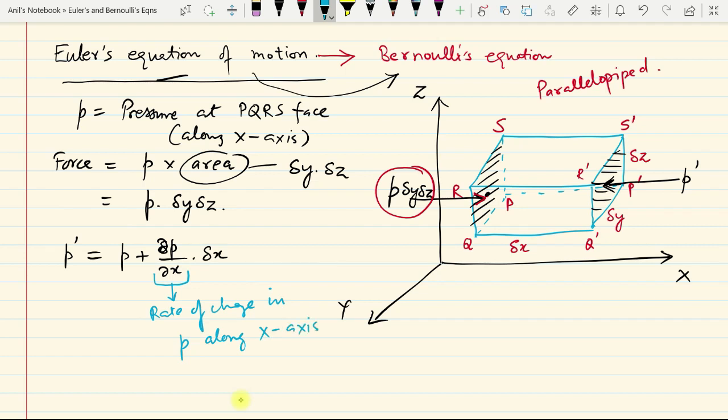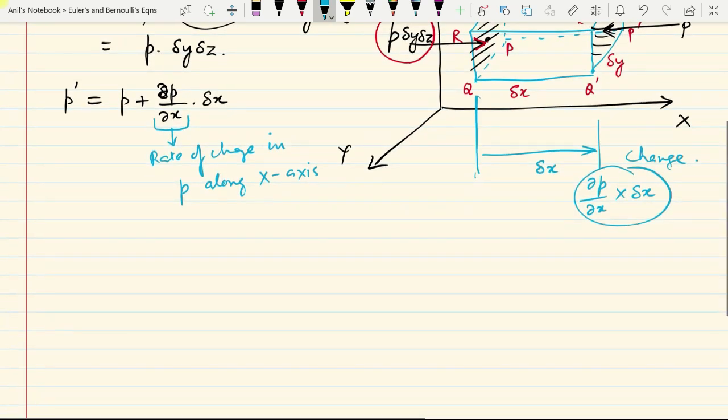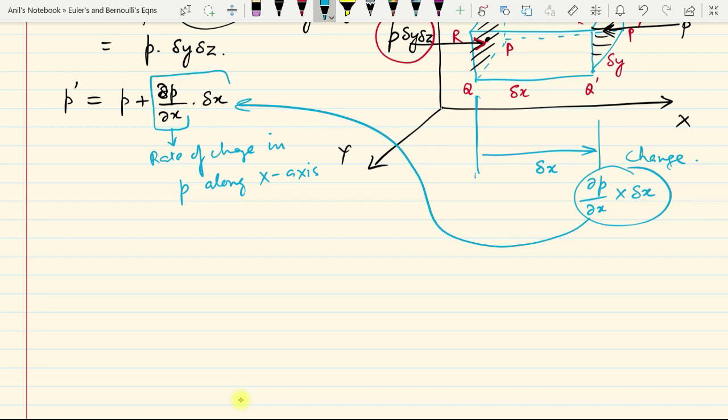So after a distance of delta x, from the left hand side face to the right hand side face, the change in pressure should be the rate of change in pressure into distance. So this is the change in pressure intensity, and we add this change to the pressure on the left hand side.